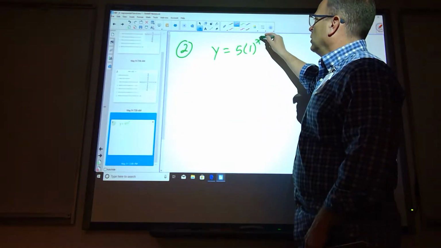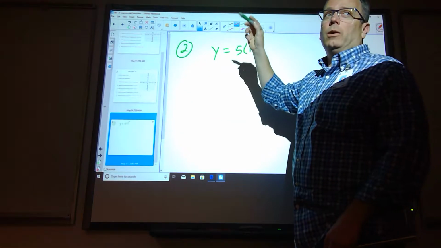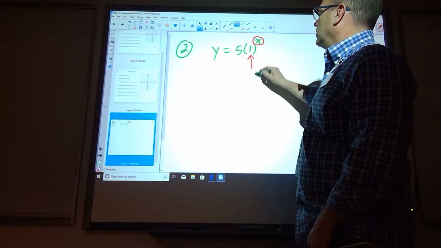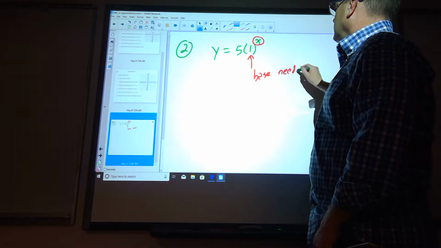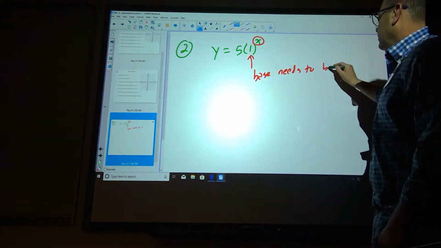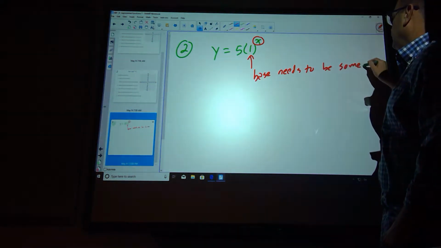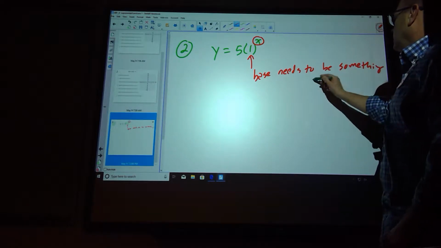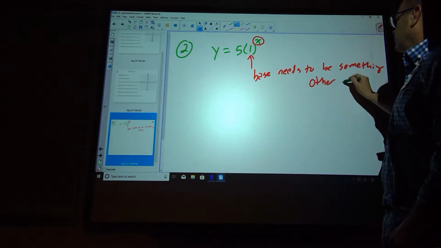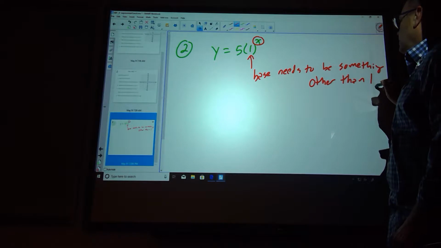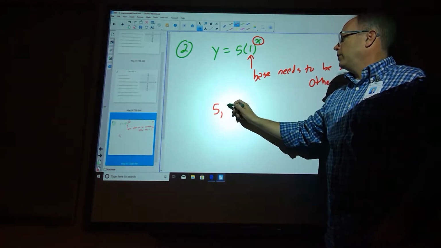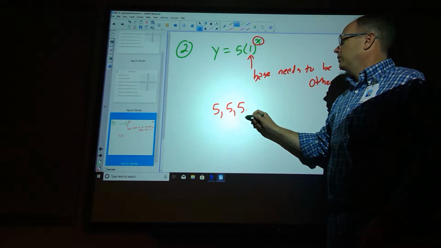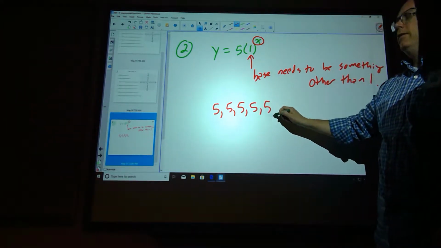So exponential is when x is the exponent, but this base needs to be something else. Because in this case, no matter what I plug in, I'm going to get 5 out. No matter if it's negative, positive, 0, I just keep getting 5 out.